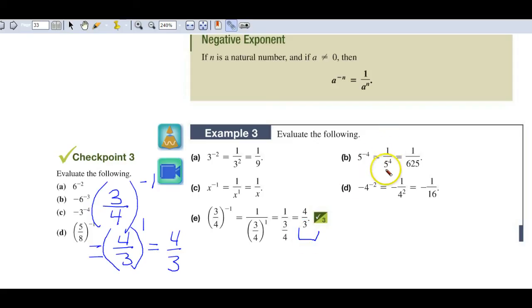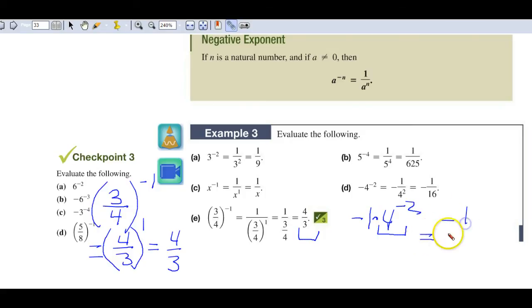Here this is 1 over 5 to the 4th, which is this. Now, this is sort of interesting, because what is the base here? See, that negative is up outside of the base. The base is only this. So the negative stays there.